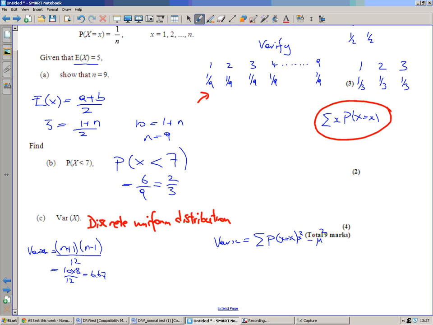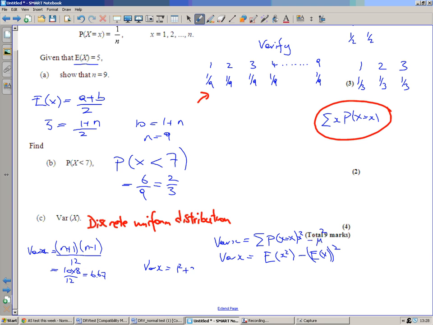Or, if you prefer the other notation with the expectations, E(X squared) minus E(X) all squared. They both mean the same thing, but this is going to take a little bit longer. It's not terrible, but it will take a little bit of time. We're doing 1 squared.